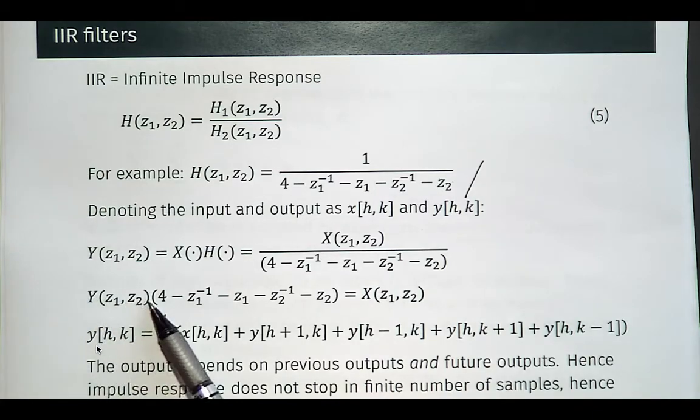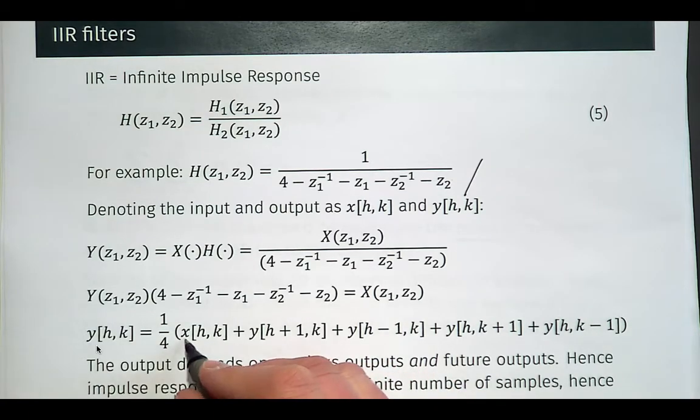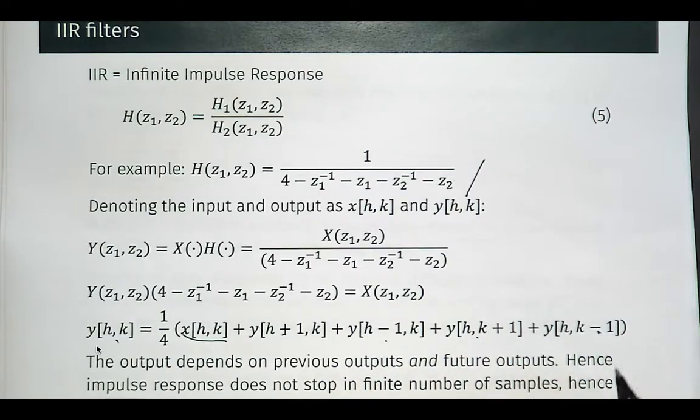So it'll be y times this expression, this polynomial, times x, and then you can go back to the discrete world by doing the same trick we had, but this time what we shift is not the input but the output. Okay, so we have now a relationship between your input pixel and all the neighboring output pixels. Okay, so an input pixel has an impact on all the output pixels in the neighborhood.